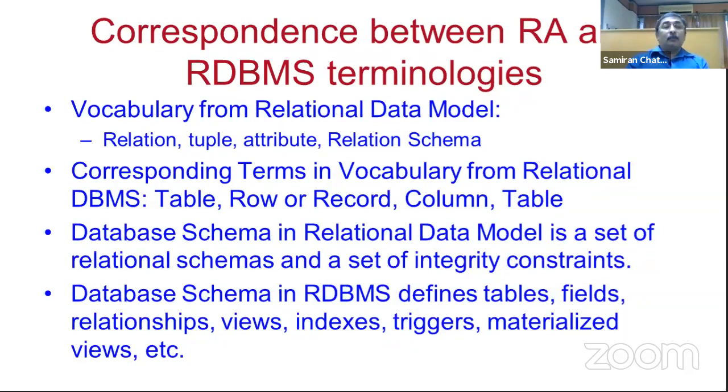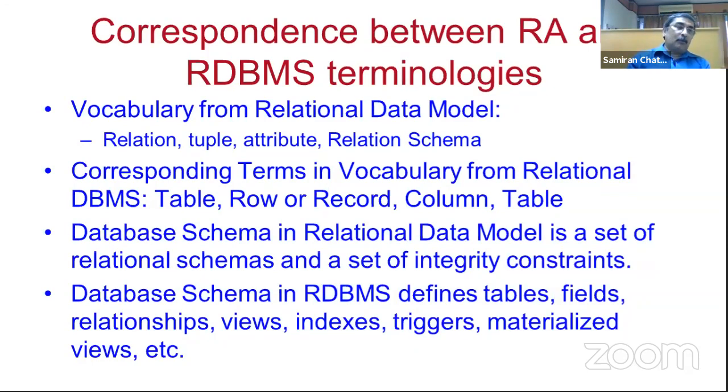So, what is a relation in RDBMS? A table. What is a tuple in RDBMS? A row. What is an attribute in an RDBMS? Every column name is the attribute name. What is a relation schema? The same table again. So therefore, sometimes you will see that we use these terms synonymously without any problem.